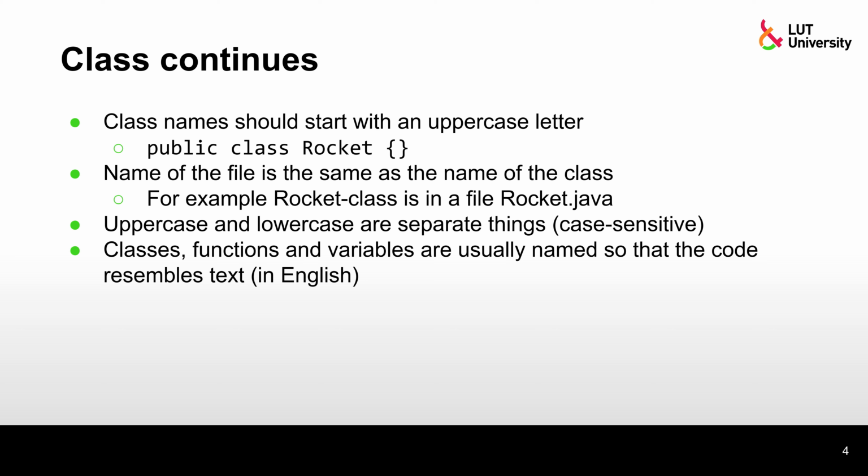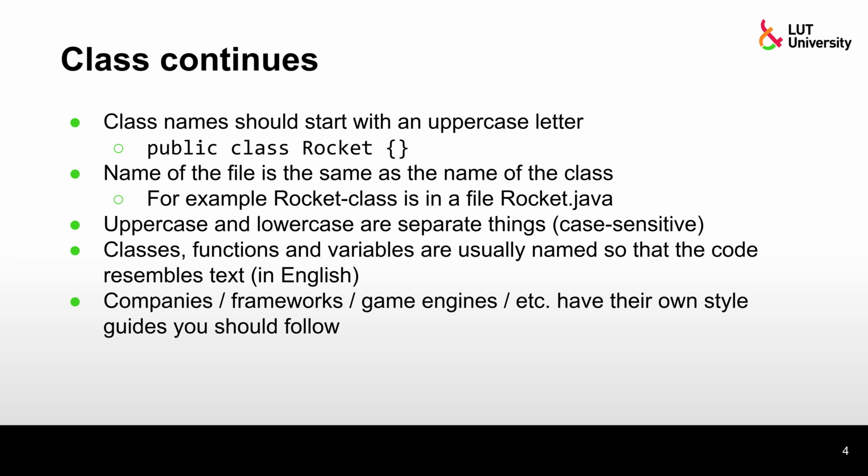Those non-English words are not used in programming. Of course, companies, frameworks, game engines, or any other tools and libraries and techniques have their own style guides you should follow. These points I just presented are very common, and are basically present in every framework or guideline.